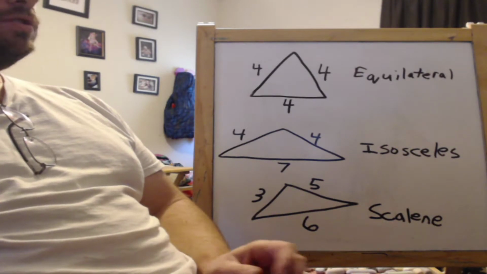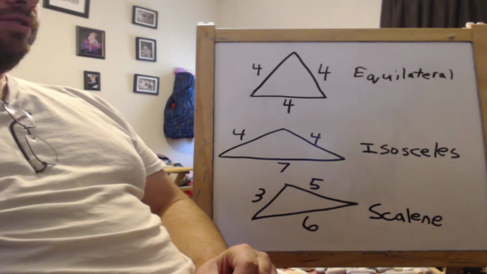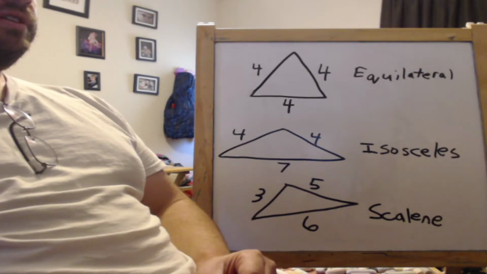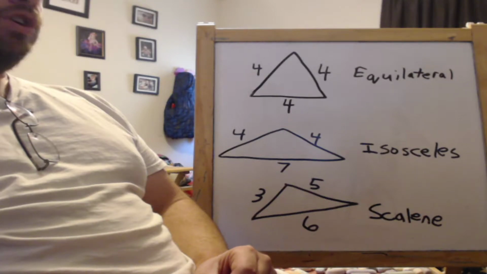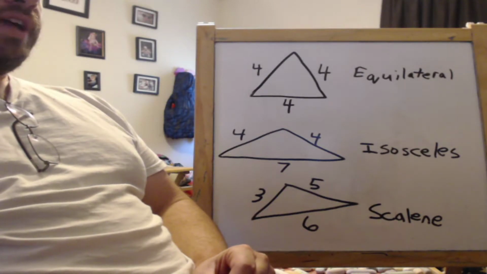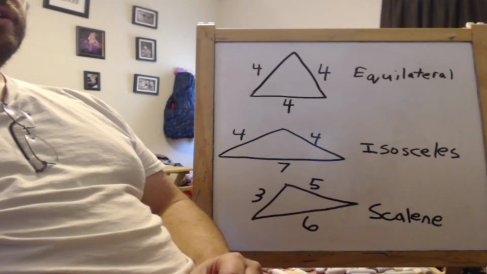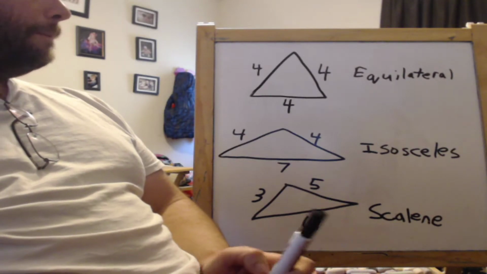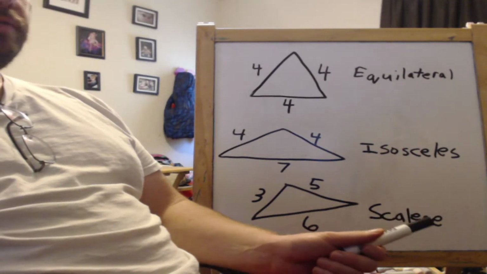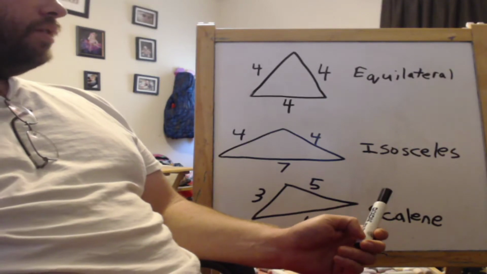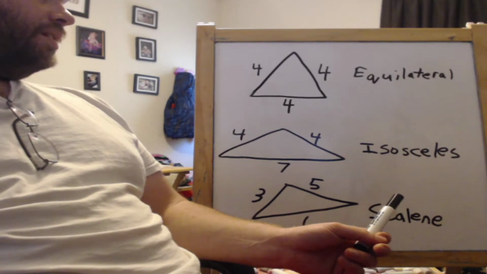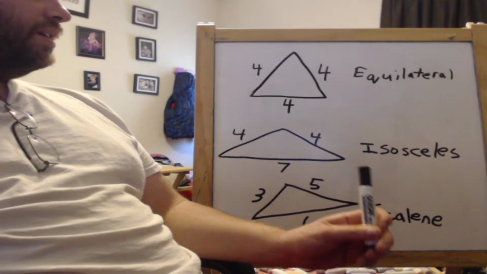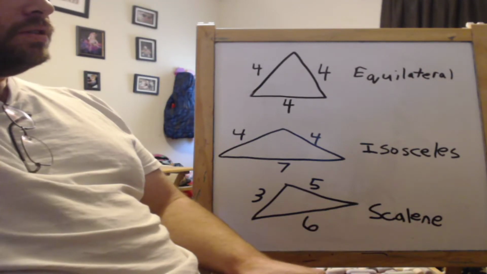An obtuse triangle has an angle that is above 90 degrees, and an acute triangle has 3 angles that are under 90 degrees. But there are also 3 other types of triangles that are based not on the angles, but on the sides of the triangles.